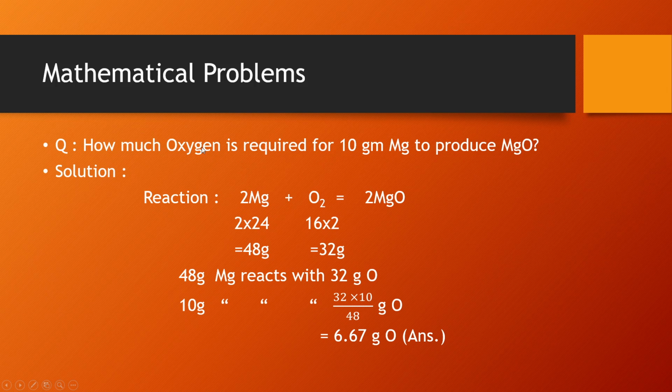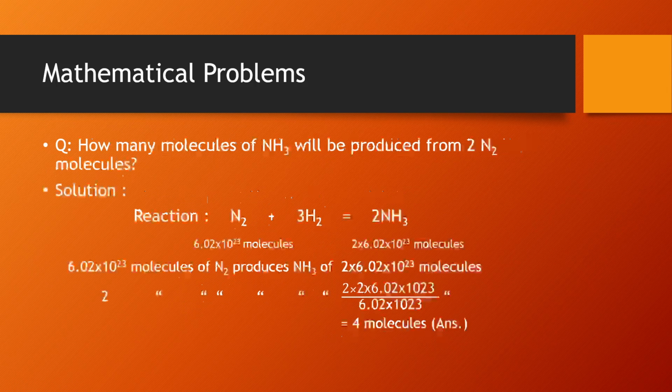Here we see that oxygen and magnesium are related in this question. The mass of magnesium is determined and the mass of oxygen is also determined. So oxygen is required here. 48 gram magnesium reacts with 32 gram oxygen, and 10 gram reacts with this amount of oxygen. This is the format of mathematical problems presented in this section.